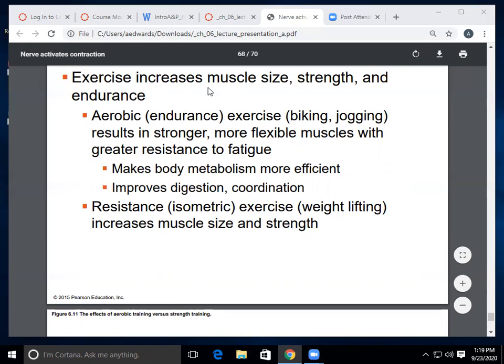With aerobic endurance exercise like running, jogging, and biking, you get longer and more flexible muscles that are more resistant to fatigue. Some people are really good sprinters and other people are really good distance runners, right? You said you used to do mile relays, right? It takes a different kind of running to run a 100 versus a 400 or 1600.